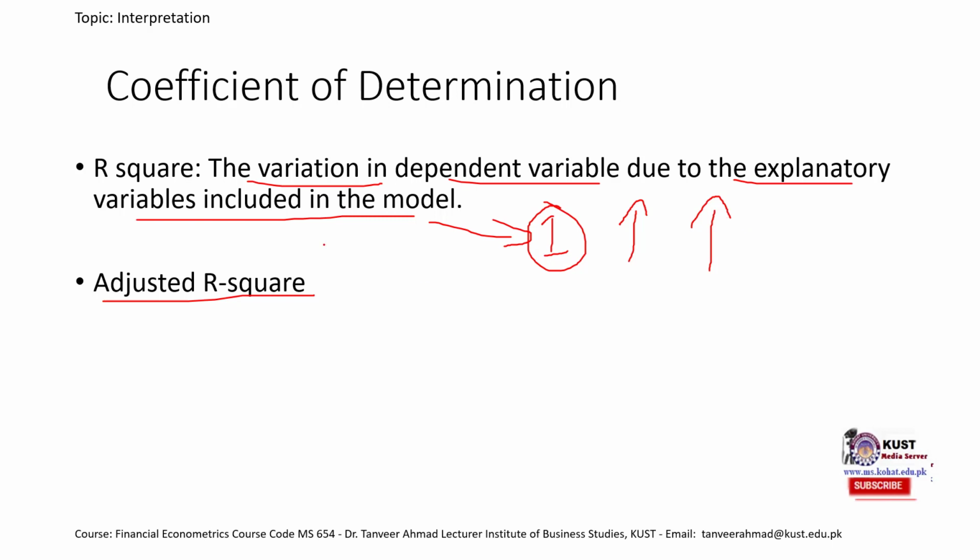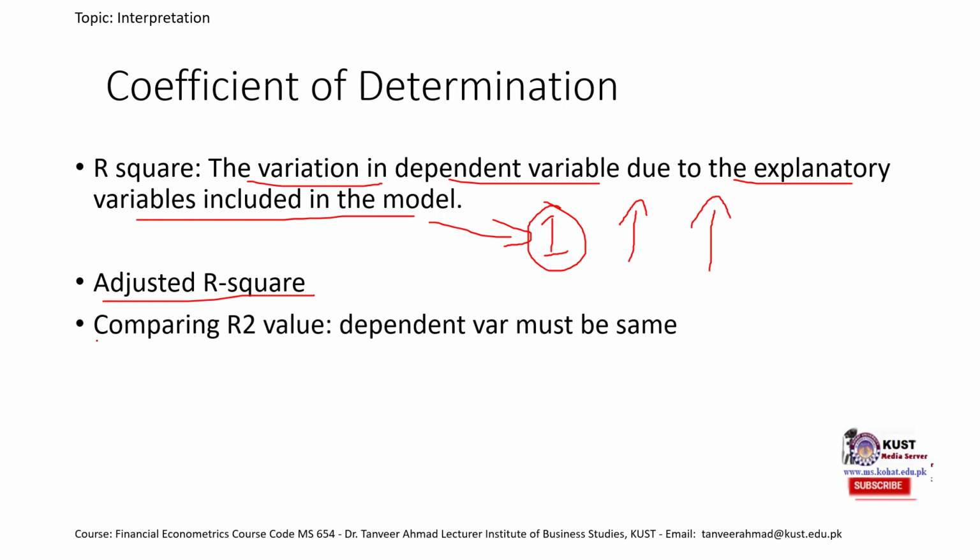So when we use statistical packages, they also give us the adjusted r square, and the adjusted r square value would always be lesser than the r square value, because it is adjusted for the number of independent variables that are included. So the adjusted r square would also increase as we increase the number of independent variables, but it wouldn't increase as much as the r square would. So it is somewhat a better measure as compared to r square.